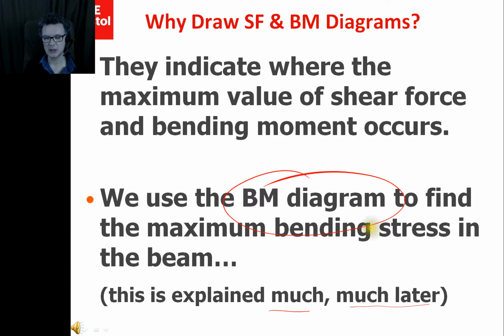So when we're trying to bend something, it causes a lot of shear at a certain point in the beam. The shear force diagram is almost like a stepping stone to get to my bending moment diagram.